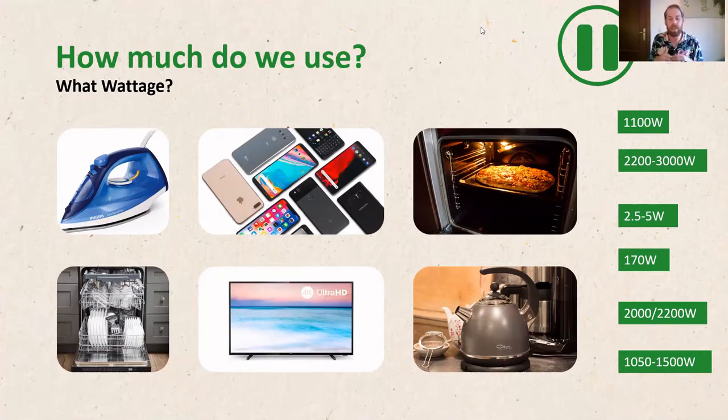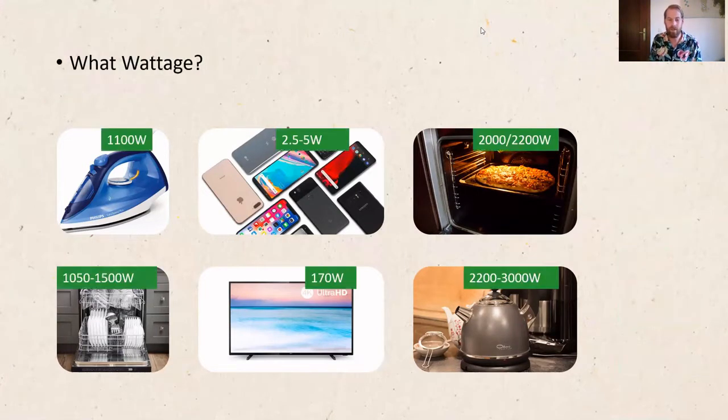But you can still see the large energy output by certain different appliances. Okay, so I've given you a moment to think there. Let's move on and see the answers.